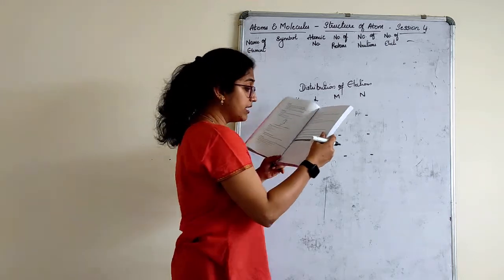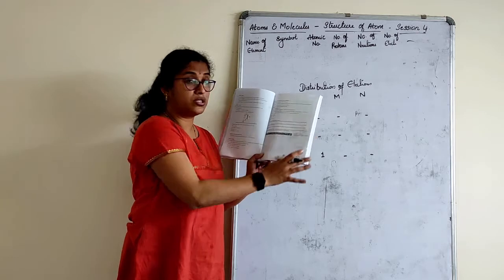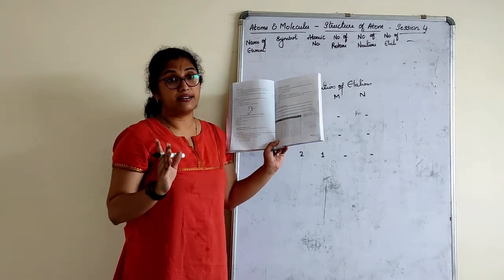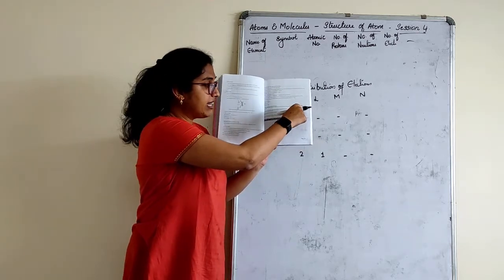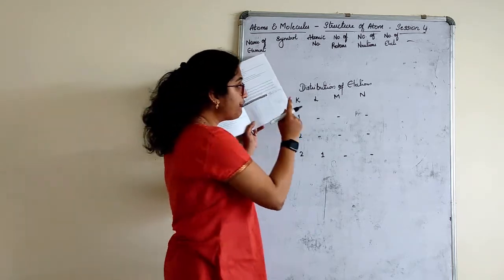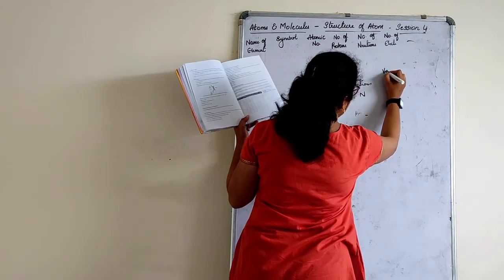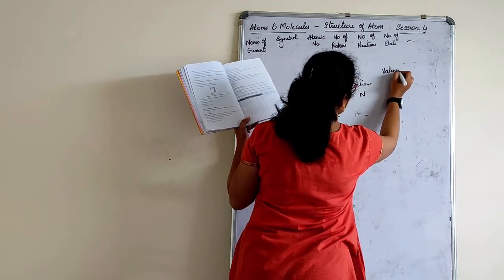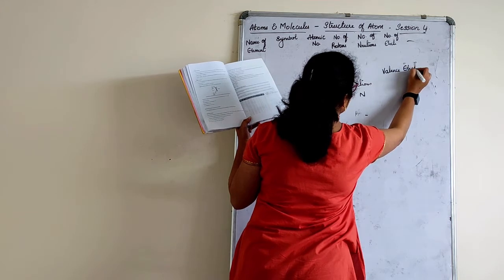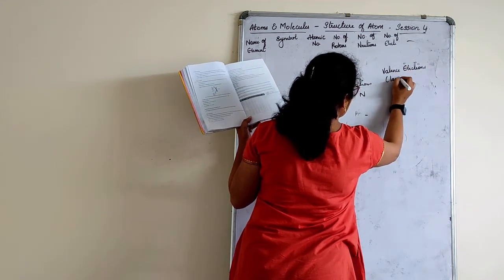Yes. Next, they have given valency directly in the notes. Do not write that. I am repeating, they have directly given valency. Please do not write that. Before writing, give the heading as valence electrons. And below you write last shell.